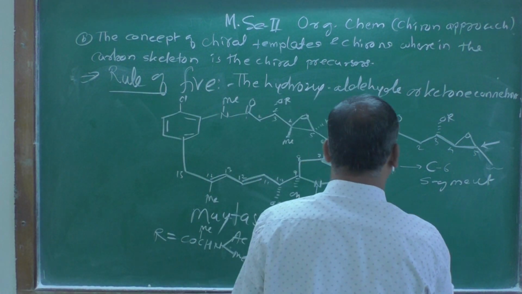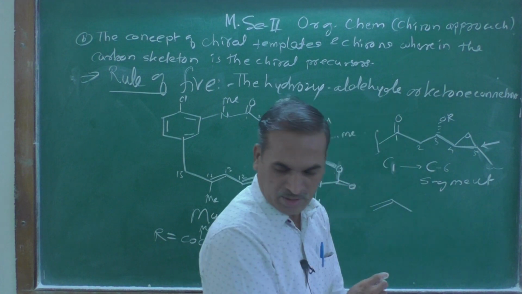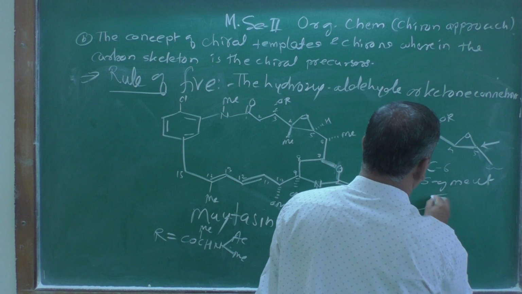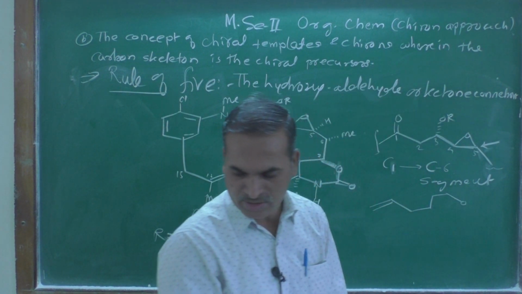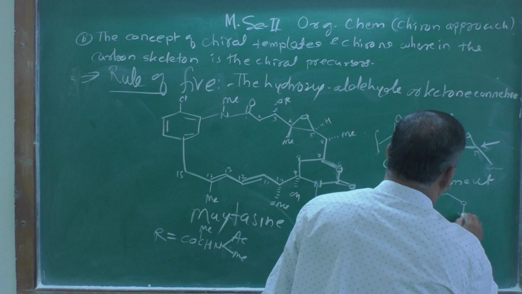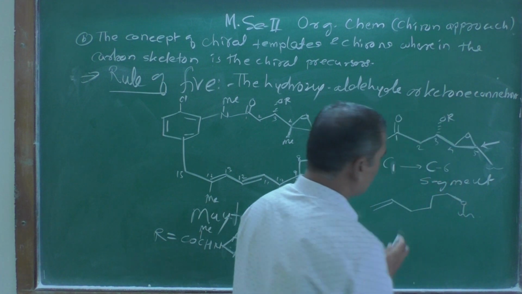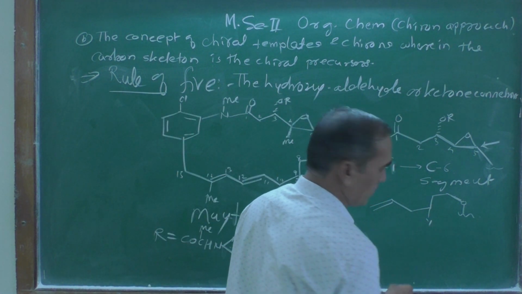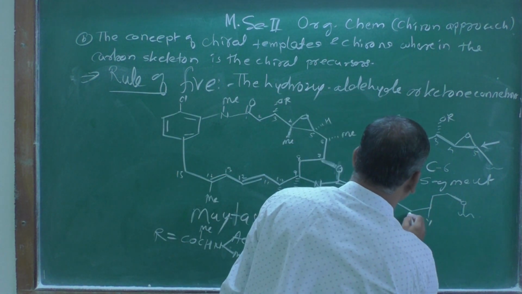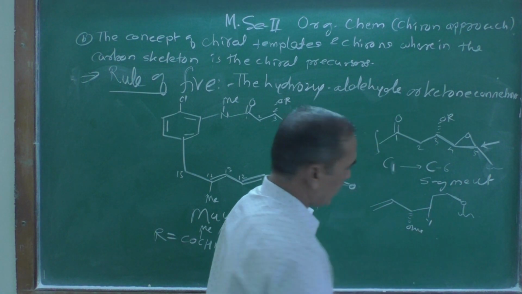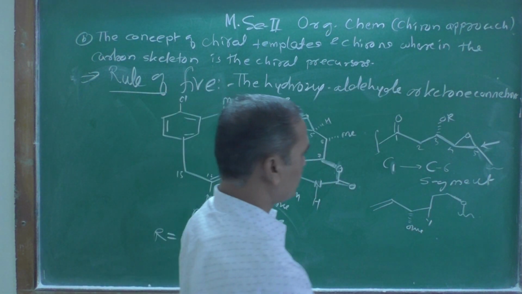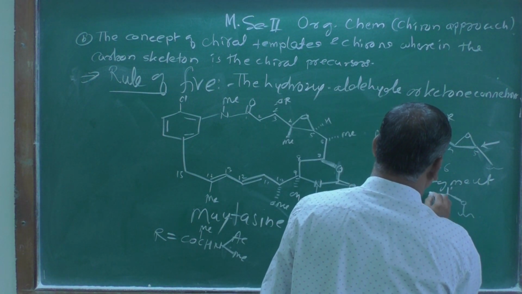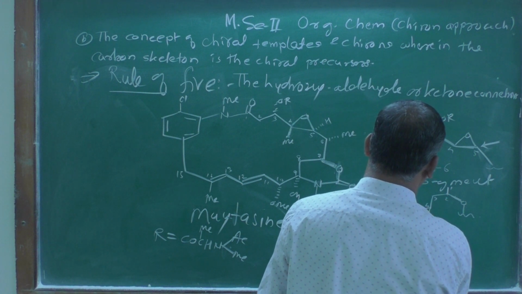Now let us look here. There is a carbon-carbon double bond. This, then this one, and now this, and here is an oxygen atom. Then you can put this one. So in this segment, here you can write Y, and here is an OMe, and number from this side, 1 2 3 4 5.